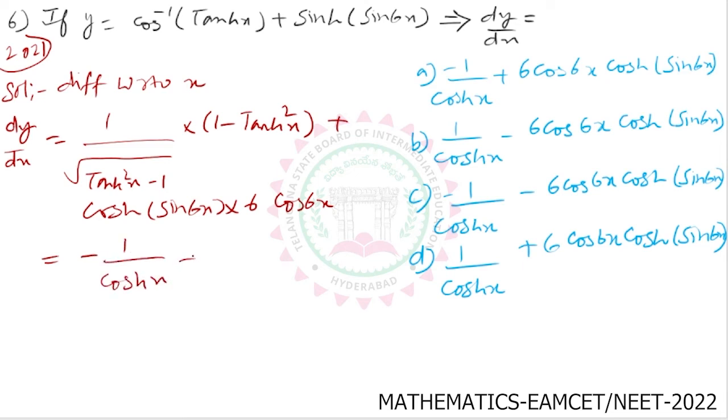Is it clear? Plus now 6 will remain as it is. Now I am writing this cos 6x first into cos of sin 6x. So you see that this is the first option. Is it clear? So this first option is clear.